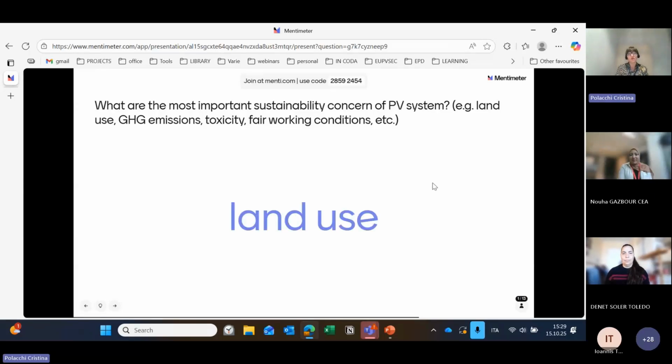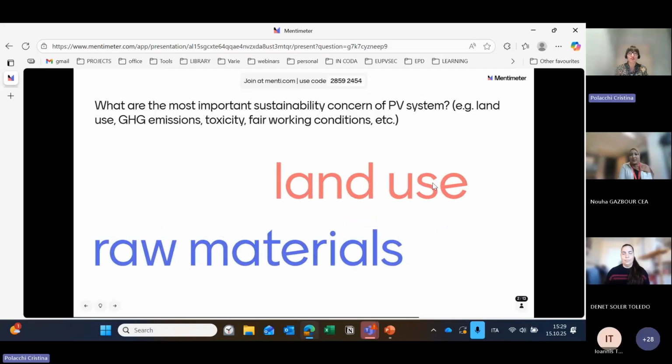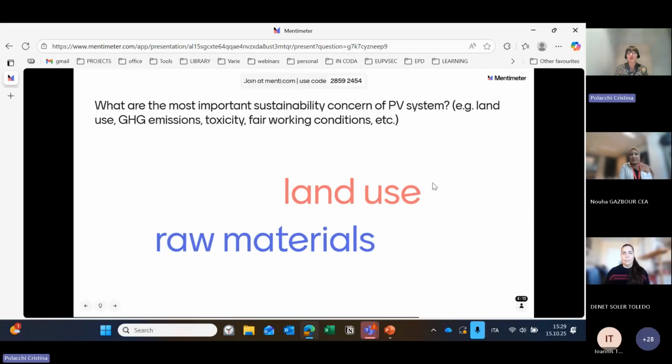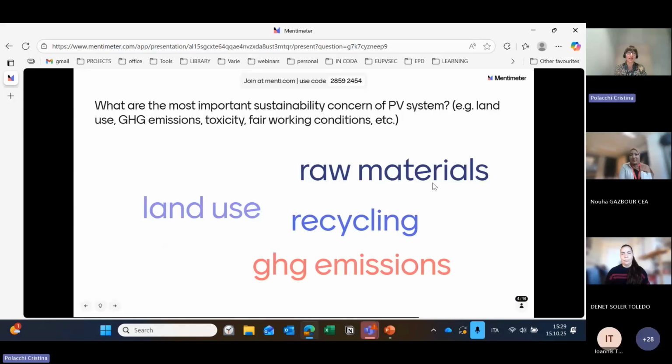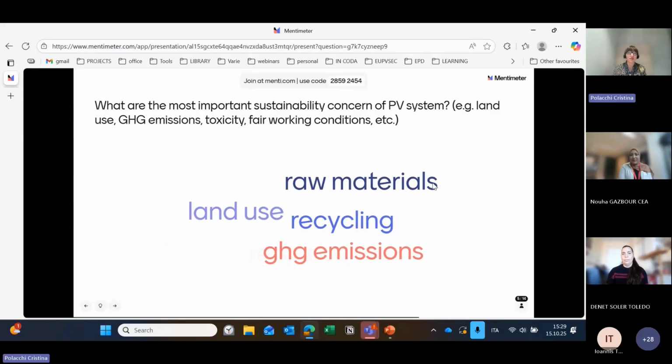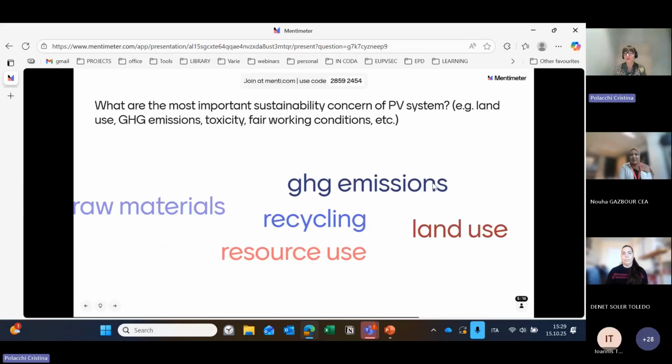Just so you know, these questions are useful for us in the Cactus project, because in this white paper we would also like to add a section dedicated to the feedback that we got from the workshops that we are organizing, so it's good to collect some opinions from the audience.